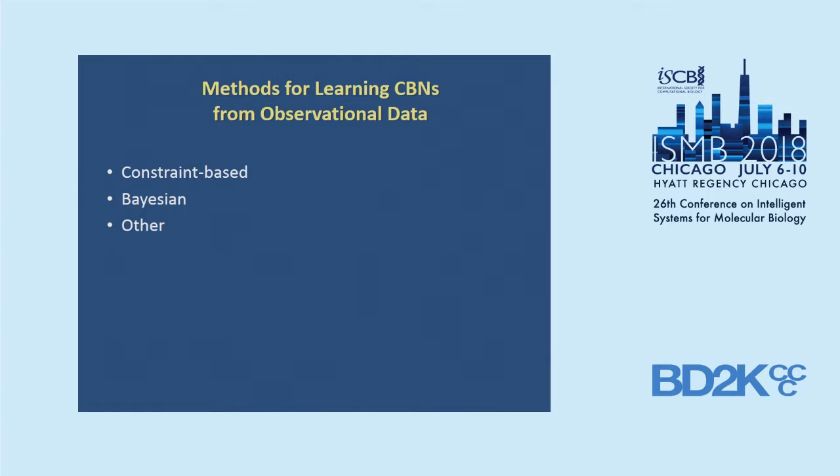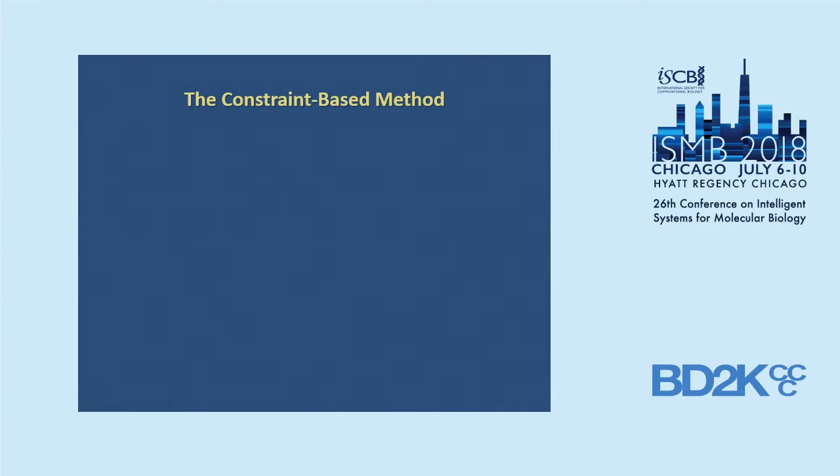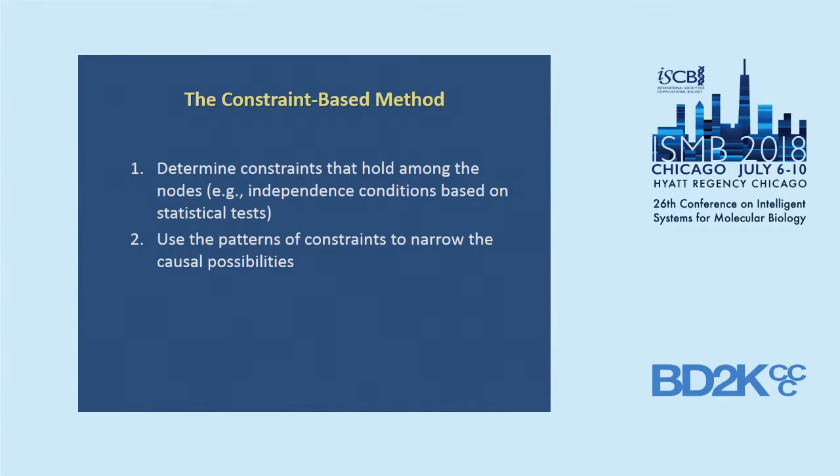There are several methods for learning these causal Bayesian networks from observational data: constraint-based, Bayesian, and some other ones more recently. I'm going to focus on constraint-based because it's the easiest one to convey to you intuitively in a short amount of time what's going on under the hood. Basically it has two steps. It first determines the constraints that hold among the variables.